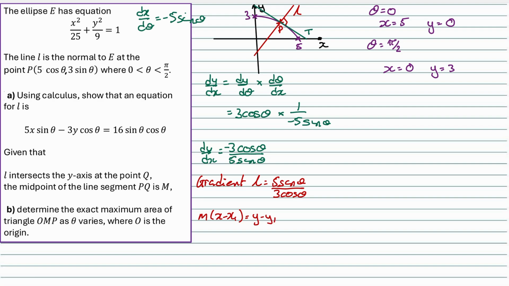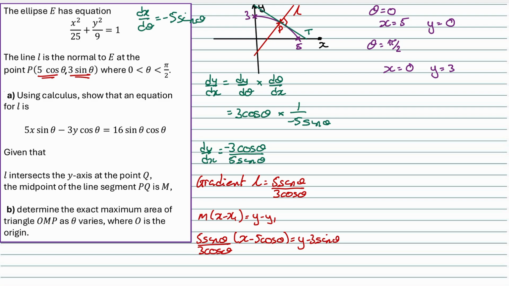We'll substitute in our values. So we'll have 5 sine theta over 3 cos theta multiplied by x minus x1, which is 5 cos theta, will equal y minus y1, 3 sine theta.